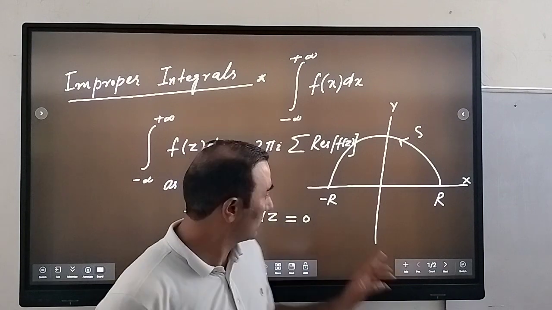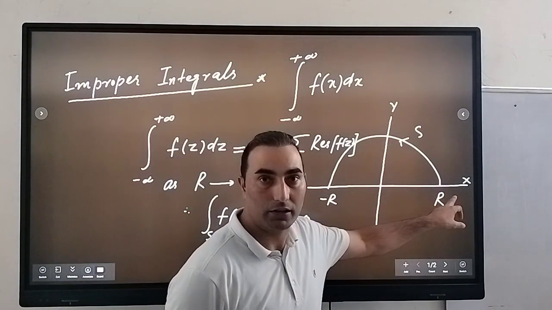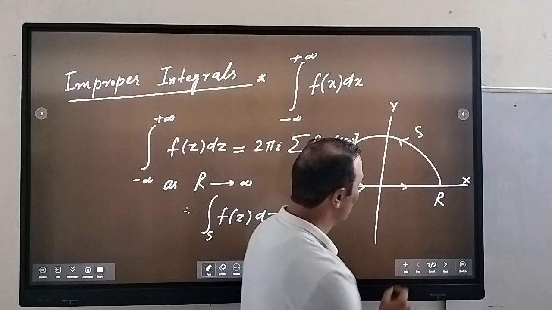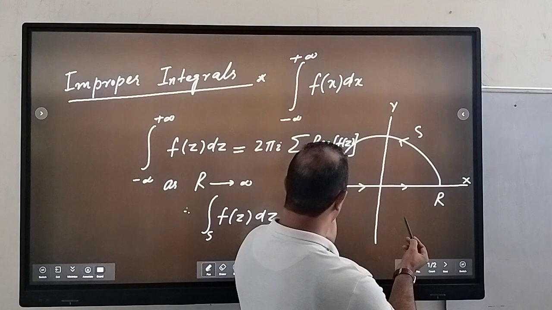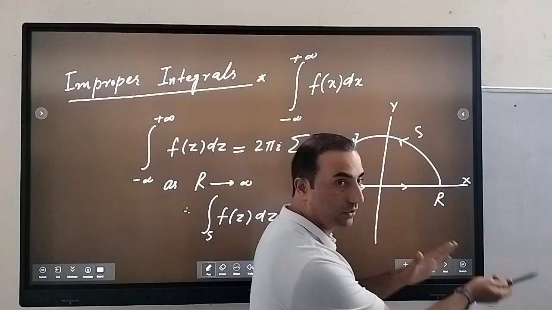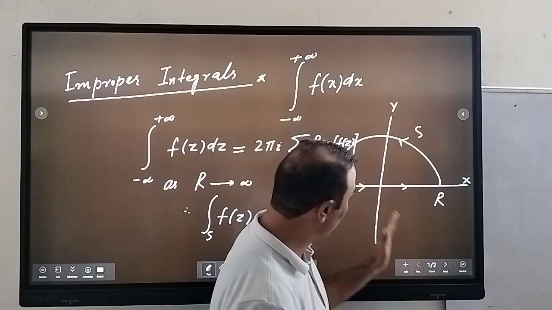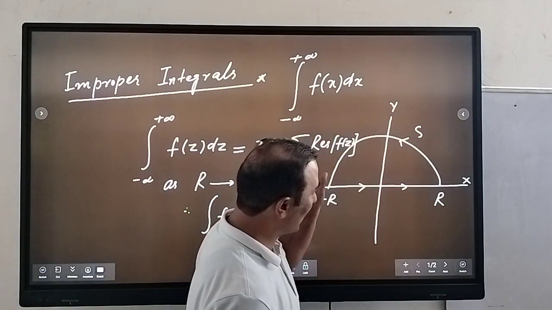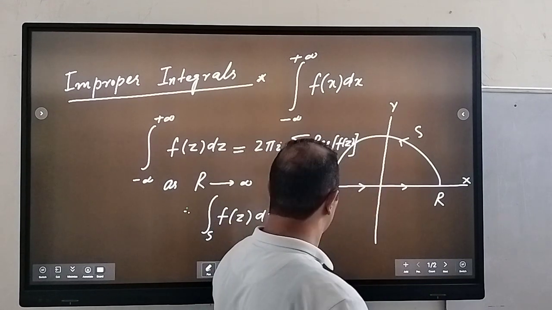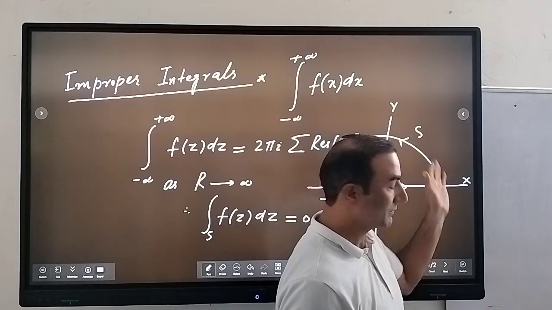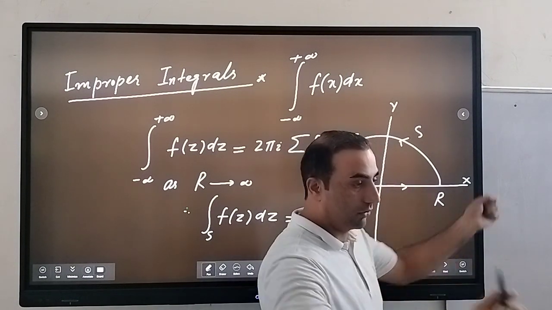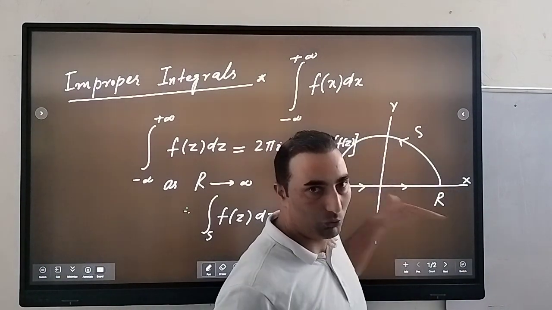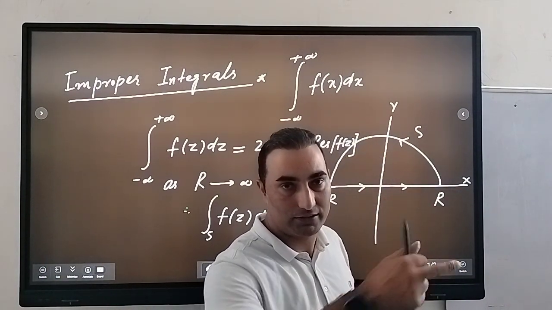Otherwise, this is actually the integral from minus r to r, because the curve is counterclockwise and goes this way. But when we take r to infinity, the second integral, over the curve s, tends to zero, because when you stretch it towards plus infinity and minus infinity, the semicircle will lie on the real axis, right?